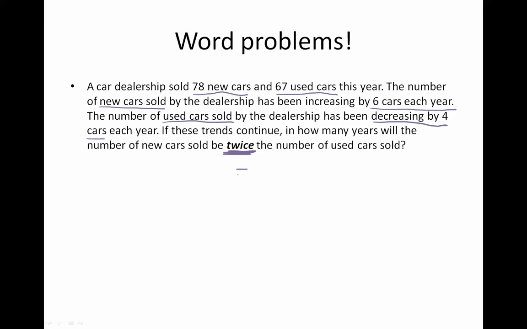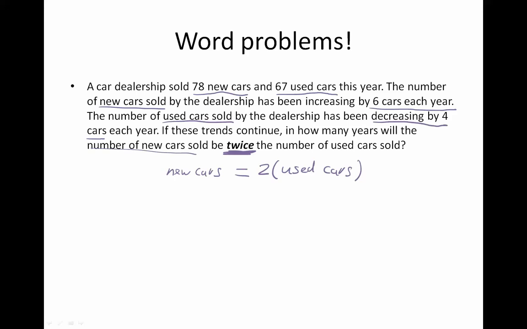So we've got an equal sign being said there, right? When will this be the same as twice this? So we've got new cars over here, and we've got twice, so 2 times the used cars over here, right? See what I did there? Okay, we're seeing when the twice the used cars is going to be the same as the new cars.